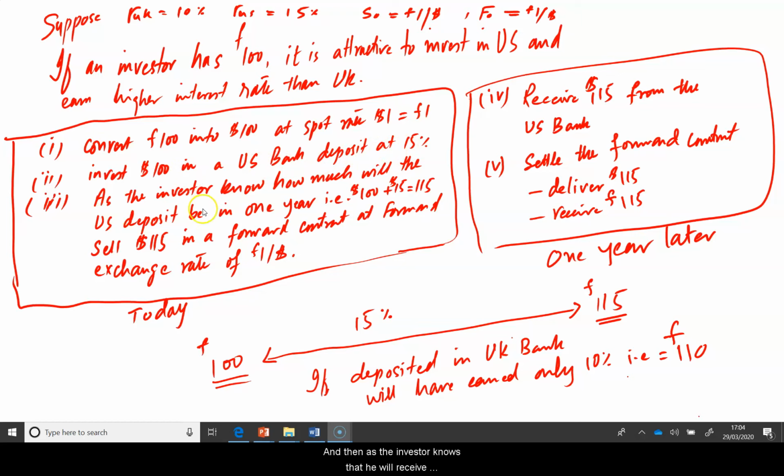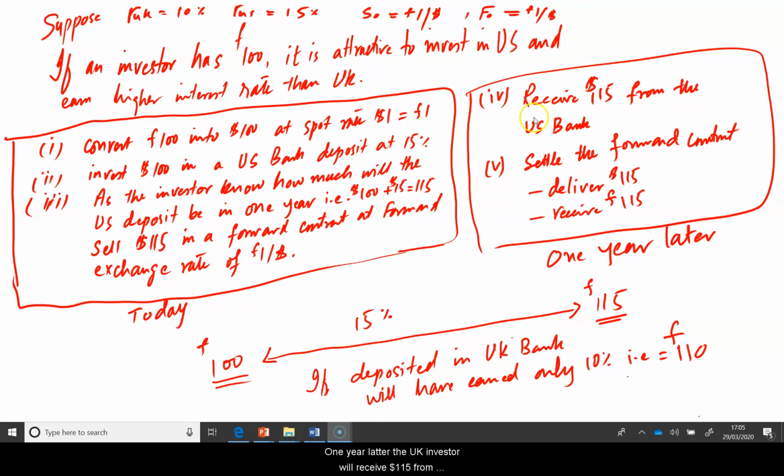And then, as the investor knows that he will receive $100 plus $15 as interest 1 year from now from the US bank deposit, he sells a forward contract with a notional value of $115 with an exchange rate of £1 per dollar 1 year from now. So these transactions take place today.